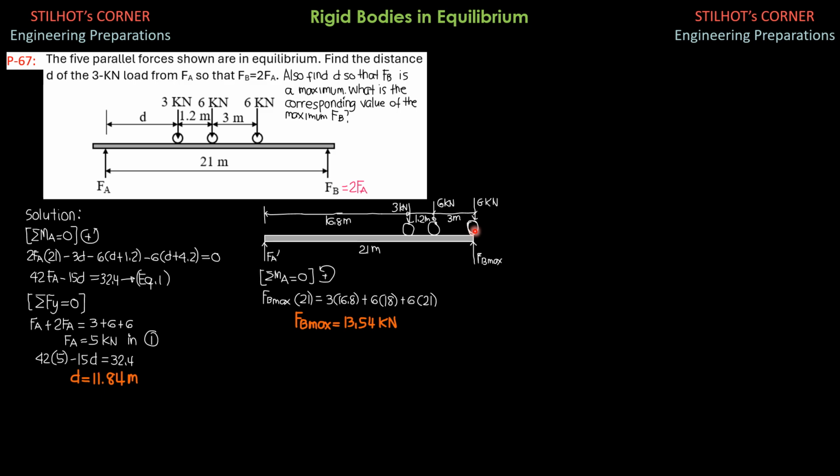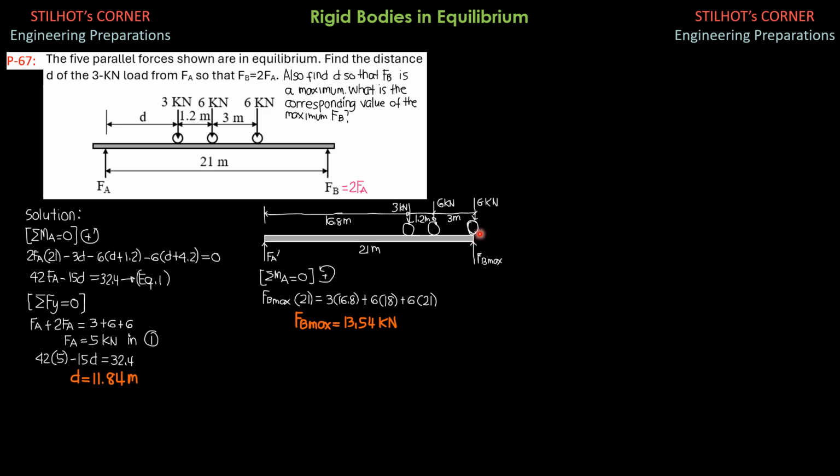So this is the position of the heaviest load over this support, and try to think of it in the actual real world. Then you must agree, based on your common sense, that for this reaction to be maximum, or if you were the one holding this, just imagine this plank here, and you carry these loads together with your friend maybe, then you will be carrying the heaviest load if one of the heaviest loads is over you, over your shoulder or this support.